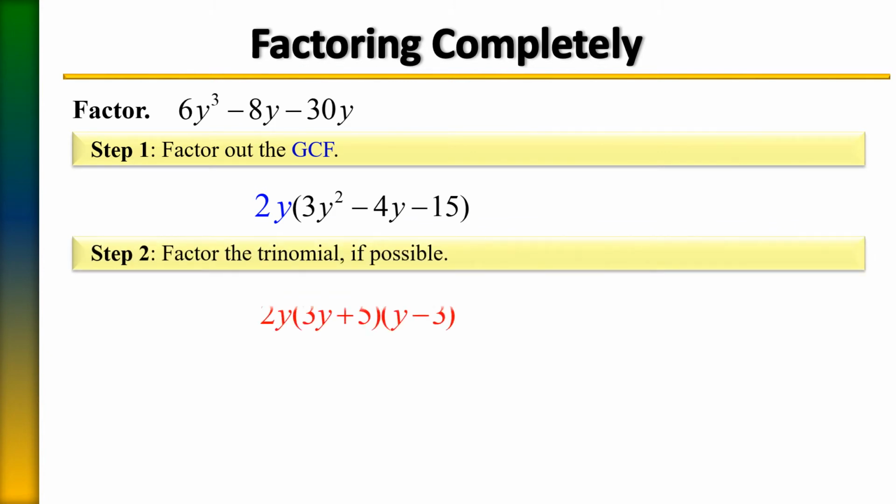And so when I factor it, what it factors into is 2y, the GCF, on the outside, but the trinomial itself factored into 3y plus 5 and then y minus 3. Now I want you to note that the whole concept I told you of when you have factoring, that the middle term will tell you the sign of the larger number.